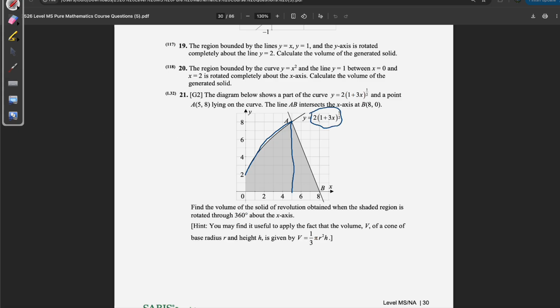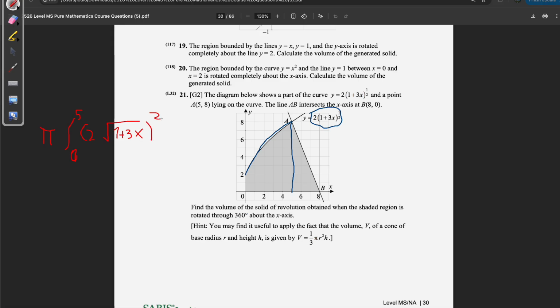We're gonna integrate pi times the function squared. So pi into the integral from 0 till 5, 2 into 1 plus 3x to the power of half, which means radical, so 2 into radical 1 plus 3x, all of this function squared, right?